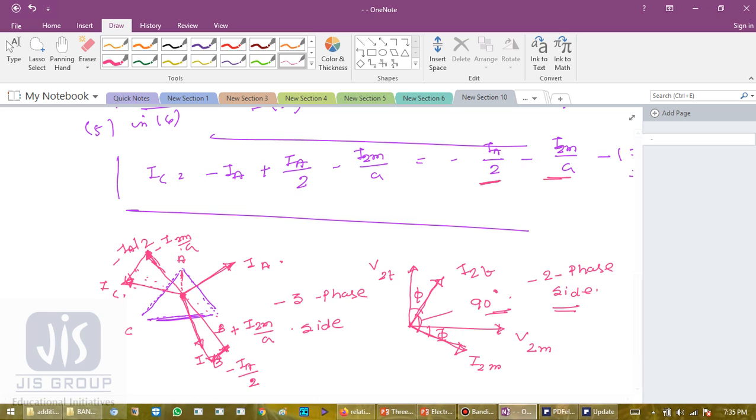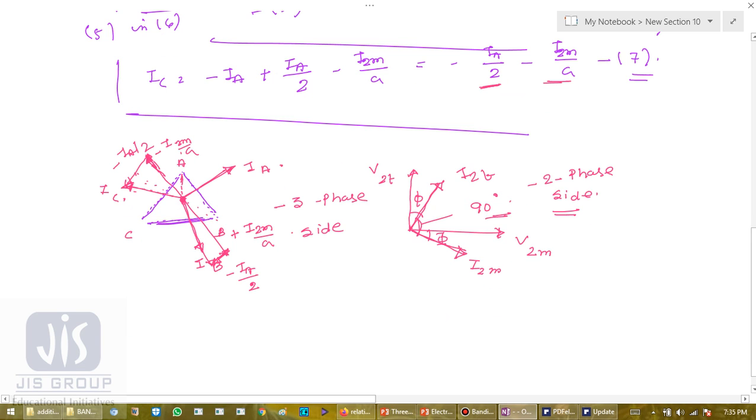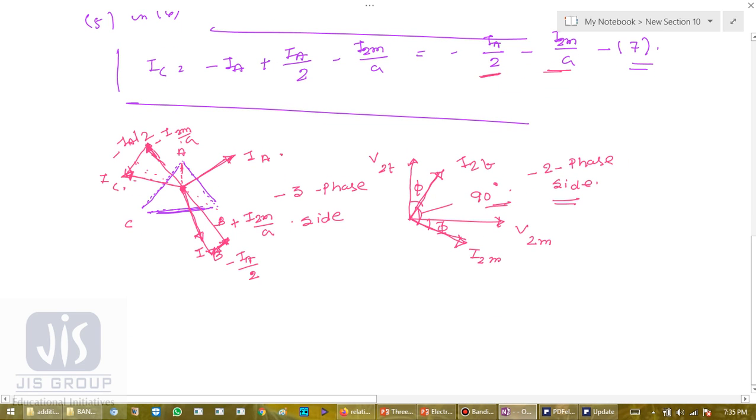Now if the 2-phase currents are balanced, the 3-phase currents are also balanced. Okay, so let me prove that. Since the two secondaries are identical with TS number of turns, we have mentioned several times, then we can write that I2M equals to I2T equals to I2.